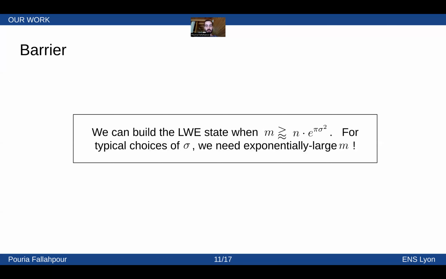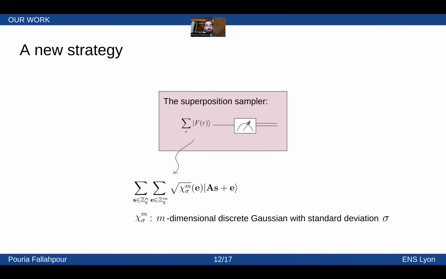But we are not done yet, because the lower bound on the quantity of M is still exponential in the standard deviation. And this is kind of a barrier because, as I mentioned, this is an optimal distinguisher. We cannot expect to improve it. So what can we do? We adopted a different strategy.